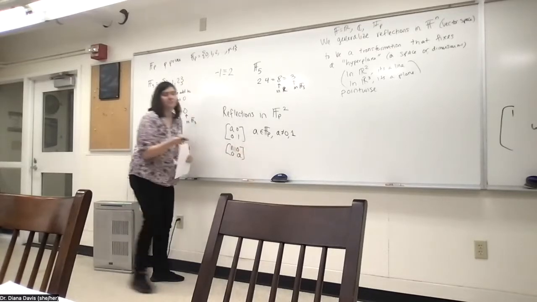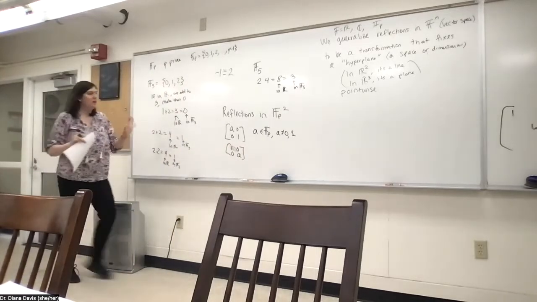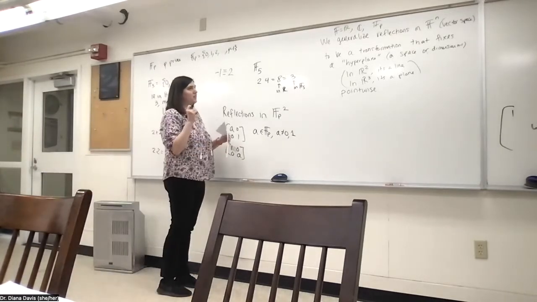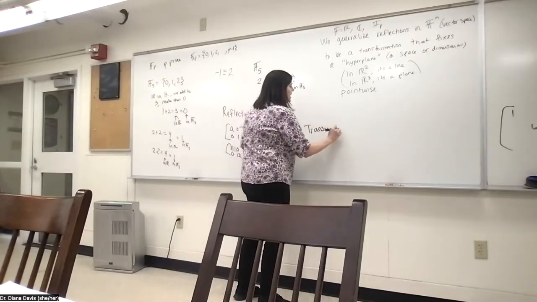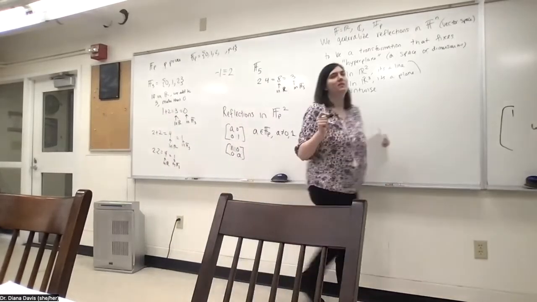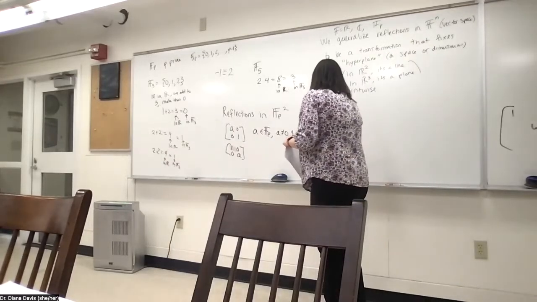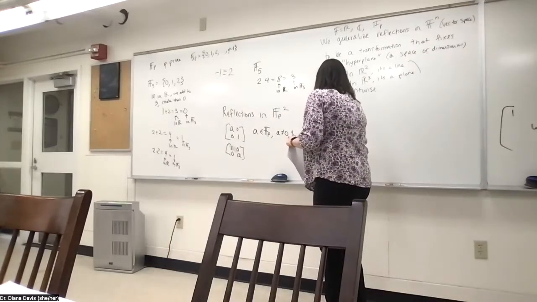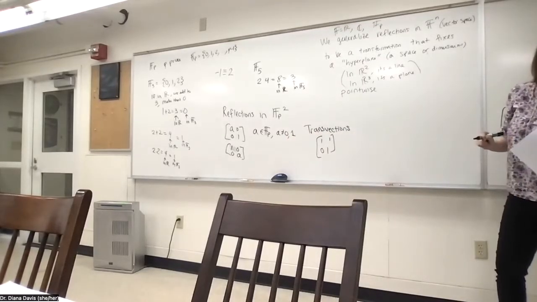Now there are other reflections than this as well, and they're called transvections. These reflections do not have the type, and they don't have an analog in the reals. So these look like 1, 1, 0, 1. Sorry, I got excited because the word for shear, which is what that is, in French is transvection. It's the same word.